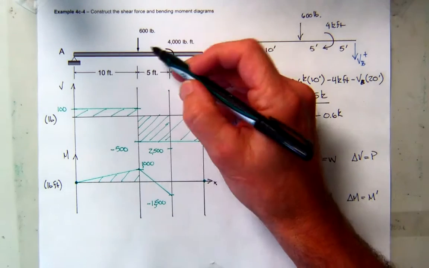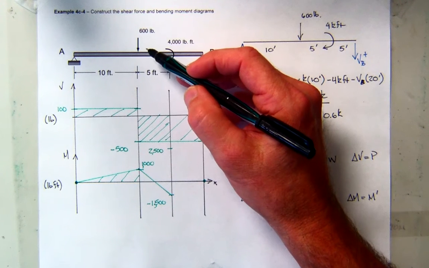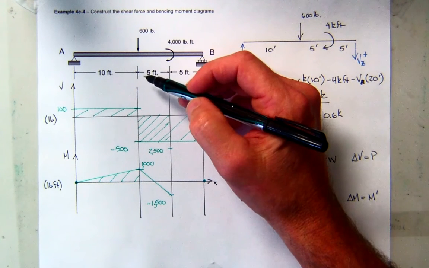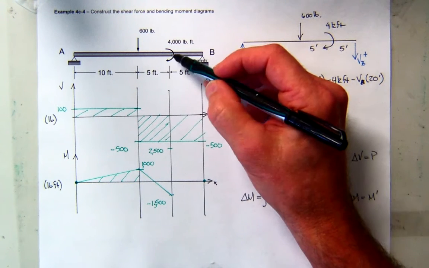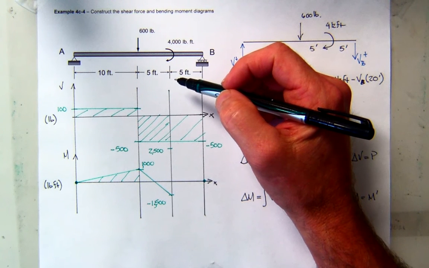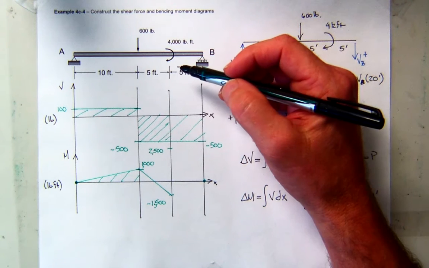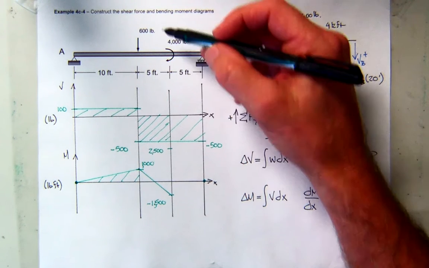It's just like an applied force. It creates a shear. So this applied moment creates a change in moment. Okay. So I just memorized it. Clockwise is positive.